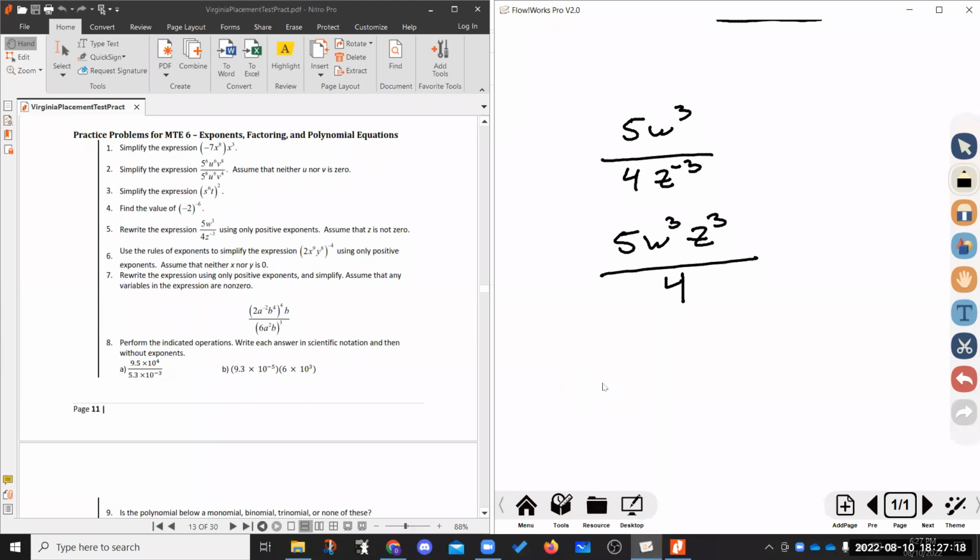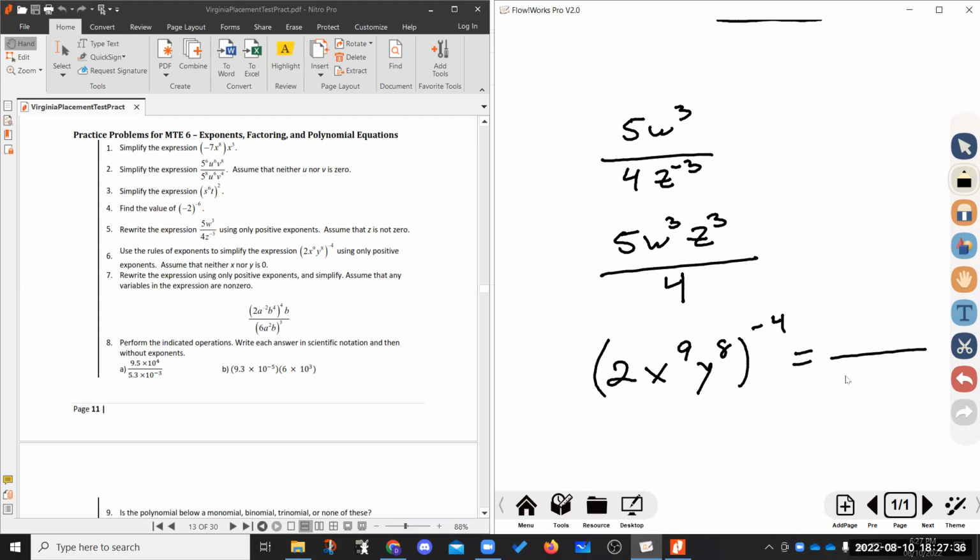Number 6 asks us to use the rules of exponents to rewrite 2x to the 9th y to the 8th, that's in parentheses, all raised to the negative 4th power, using only positive exponents.